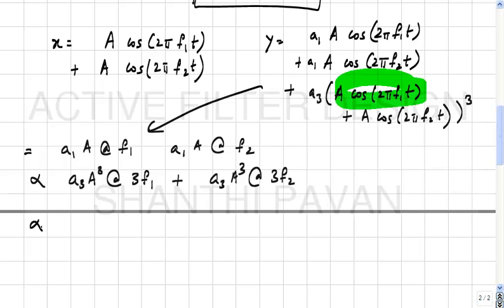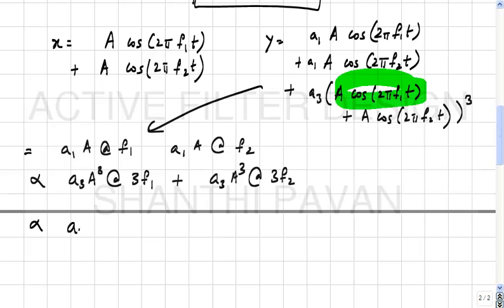So, 3 times A square cos 2 pi F1 t the whole square times A times cos 2 pi F2 t. The cos square at F1 will give something at DC and 2 F1. So, DC and 2 F1 will have to be multiplied by F2. So, that will give one term at F2 and other terms at 2 F1.